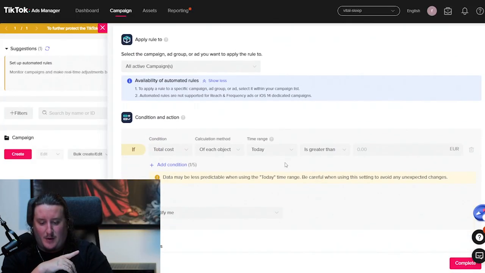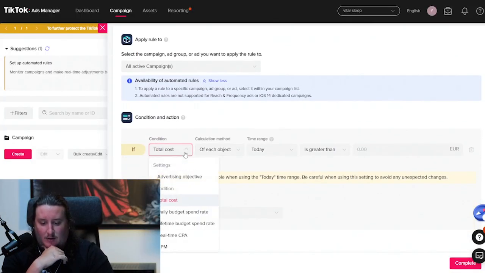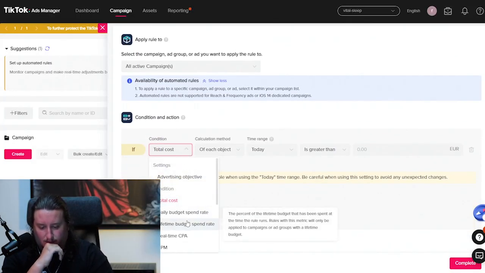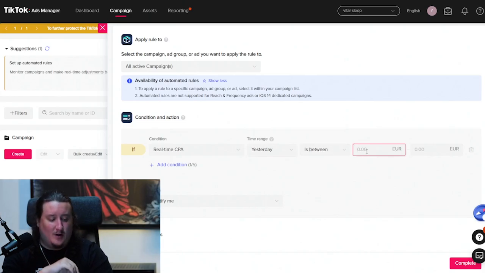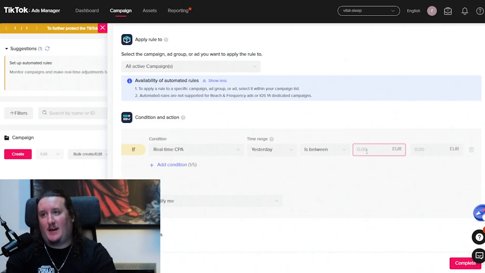Now let's do the punishment campaign, okay? So condition: real-time CPA, yesterday, is greater than... we want to do is between. So now we're going to look at the actual amount that you're losing money.